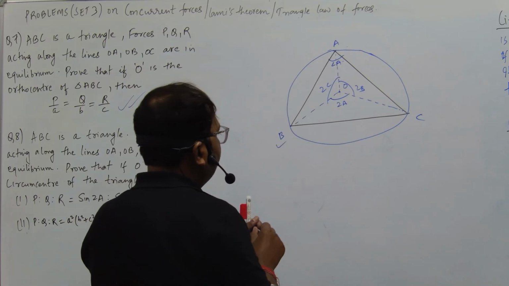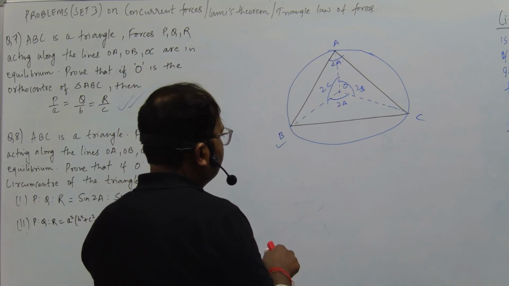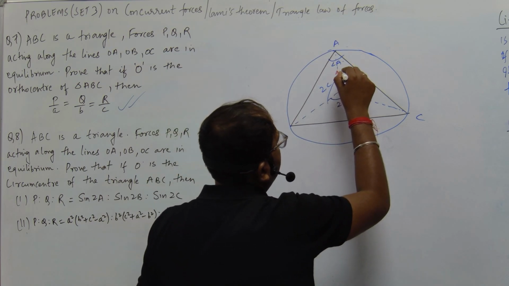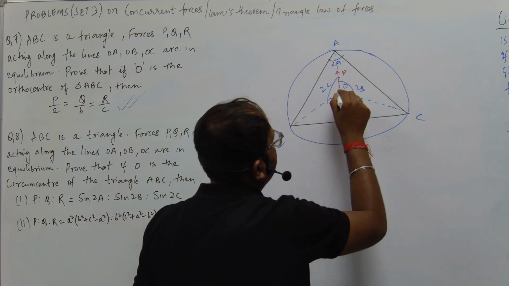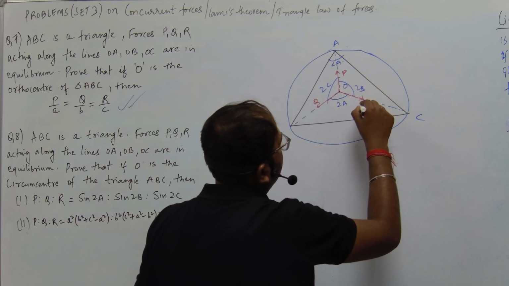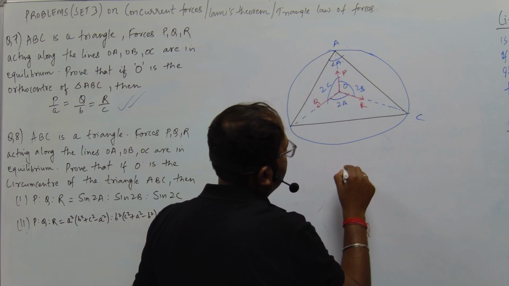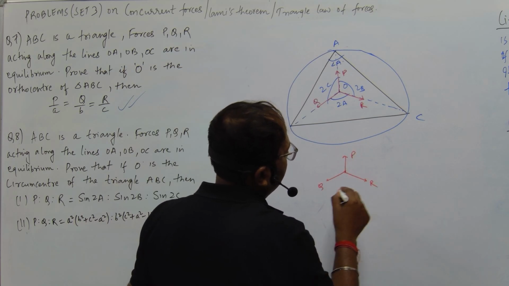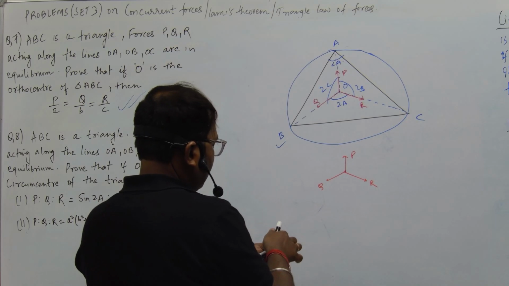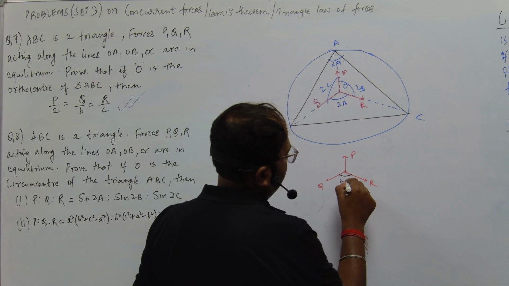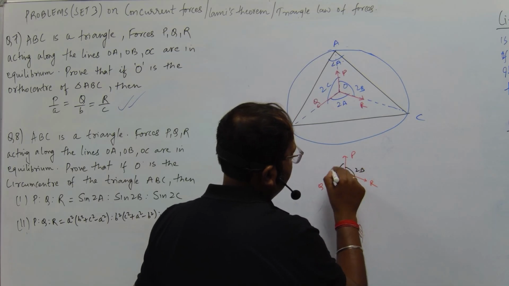The force along OA is P, the force along OB is Q, and the force along OC is R. So this is 2A, this is 2B, this is 2C.